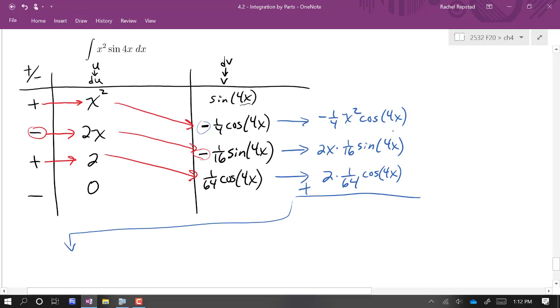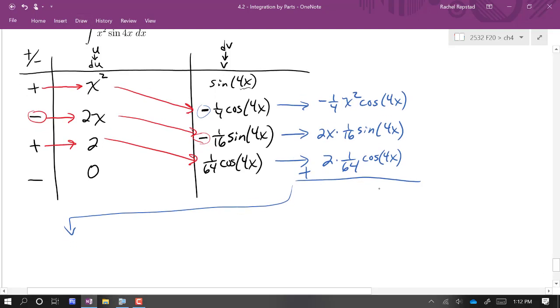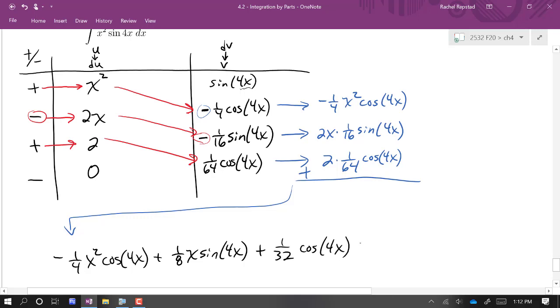And I'm going to simplify those last two products as I go. So this ends up being negative 1/4 x squared cosine 4x. That'll be a plus 2 times 1/16 is 1/8, so 1/8 x sine 4x. Plus 2 times 1/64 is 1/32 cosine 4x, and then of course plus a constant.